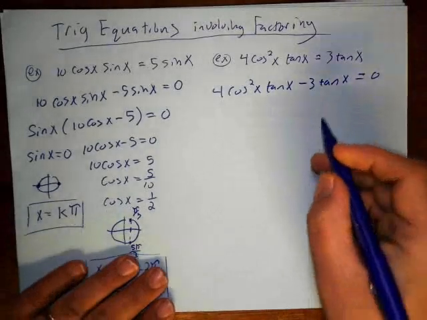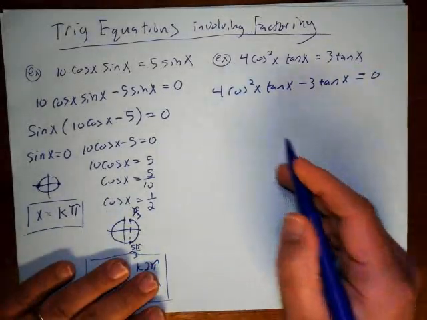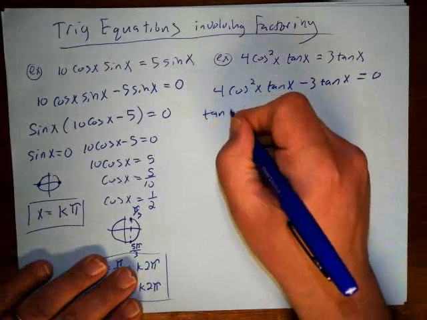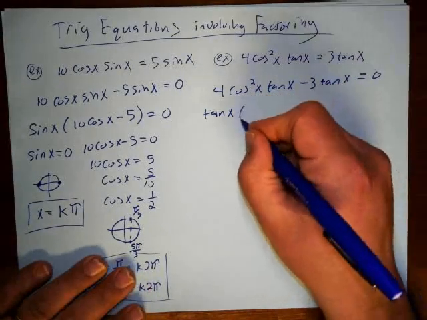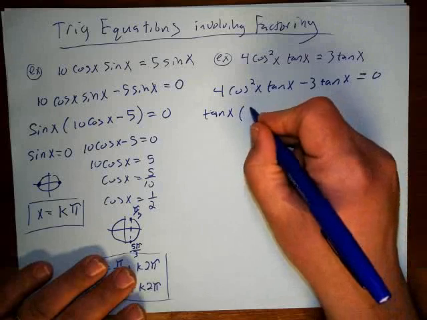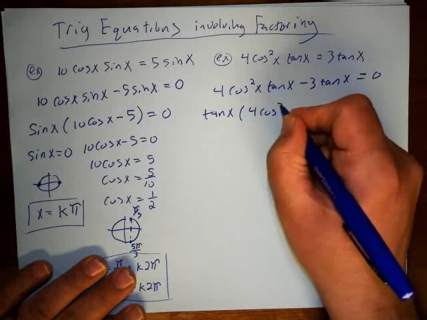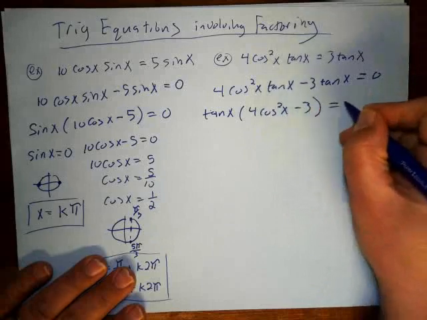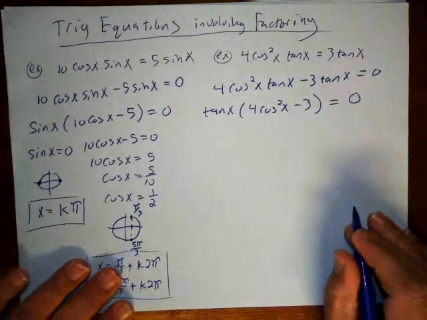Okay, so now what I can do is factor the tangent out. So I get tangent x times 4 cosine squared x minus 3 is equal to 0.